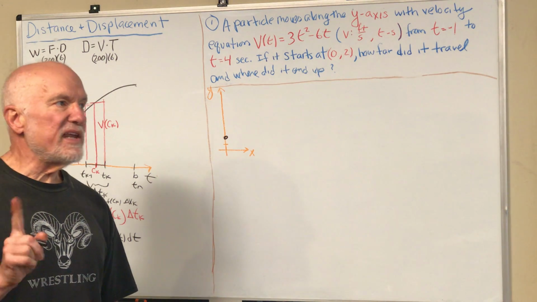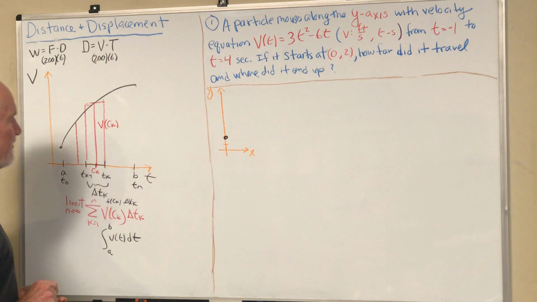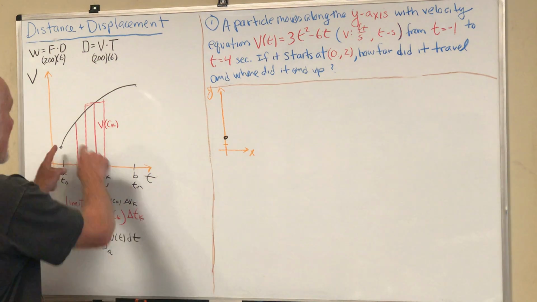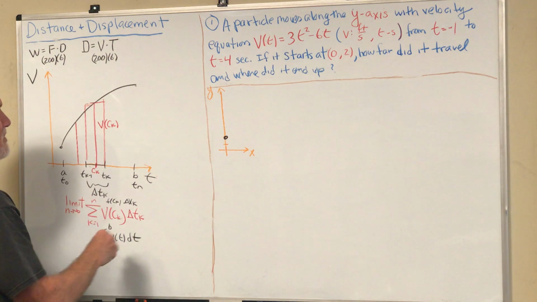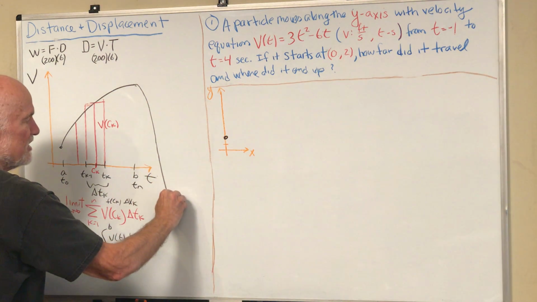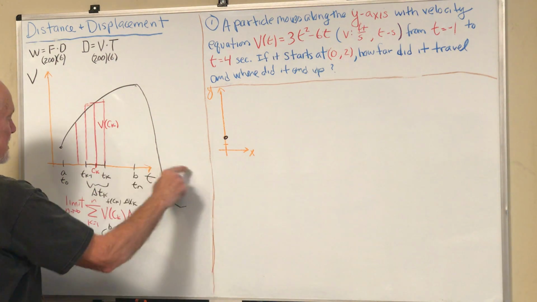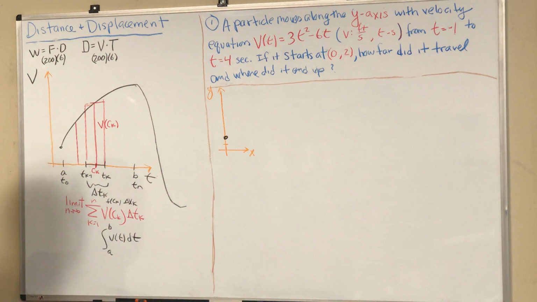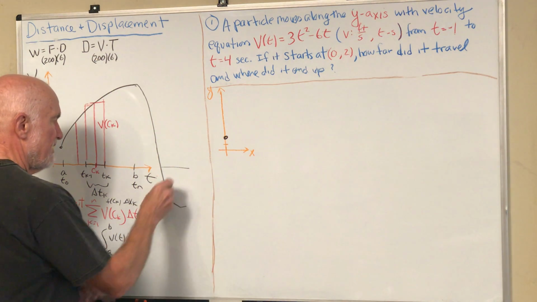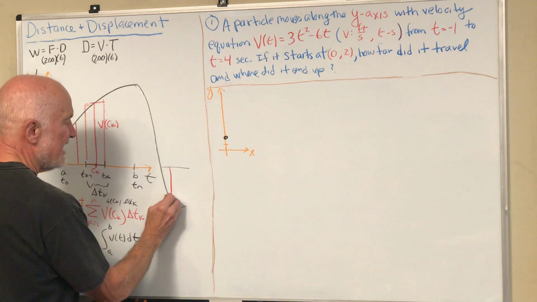Now, there is one thing that we have to be careful of. Distance is always positive. And in this case, I have my velocity as always being positive. But there's no saying that the velocity can't drop below the t-axis. In which case, the velocity is negative.